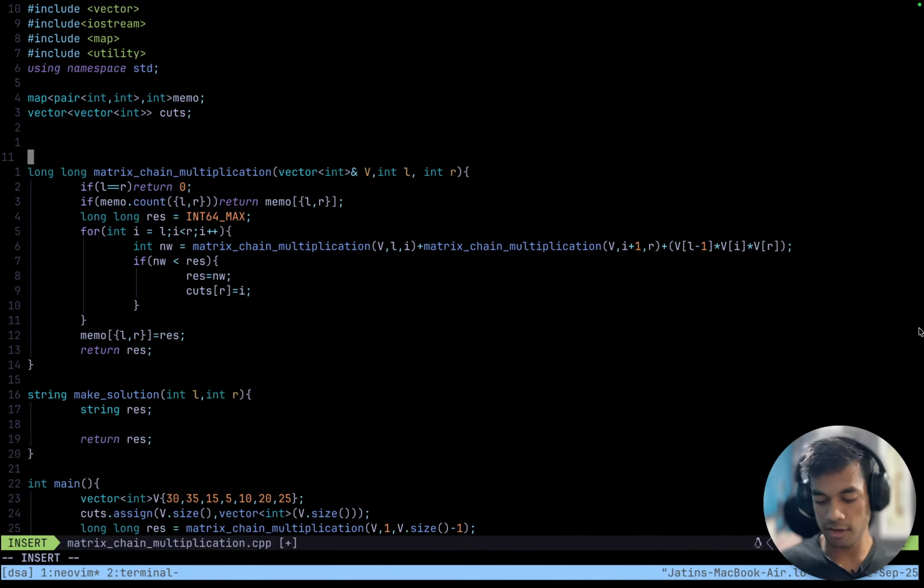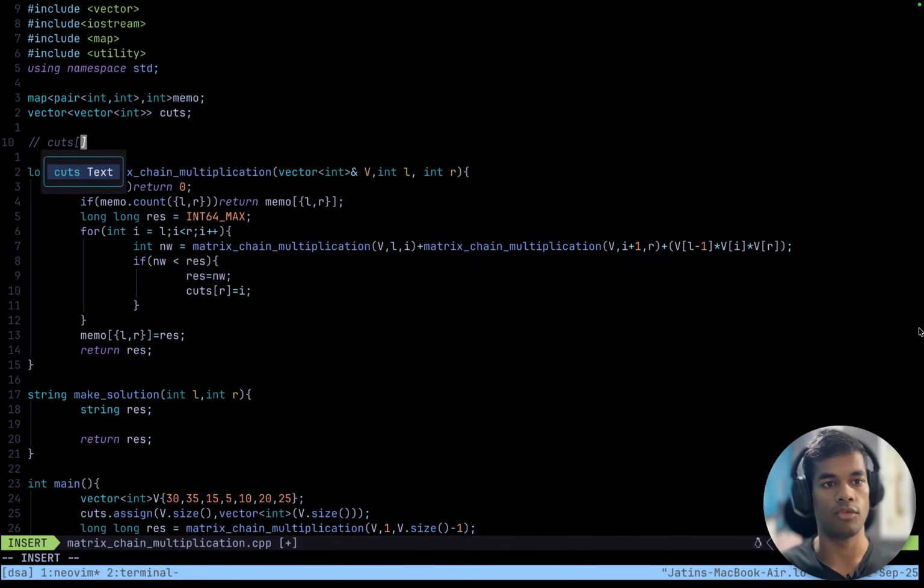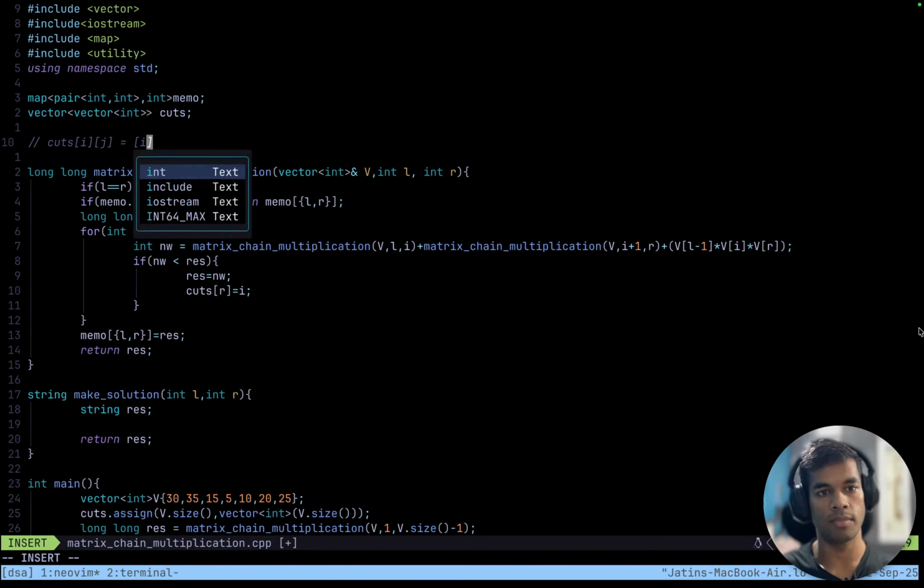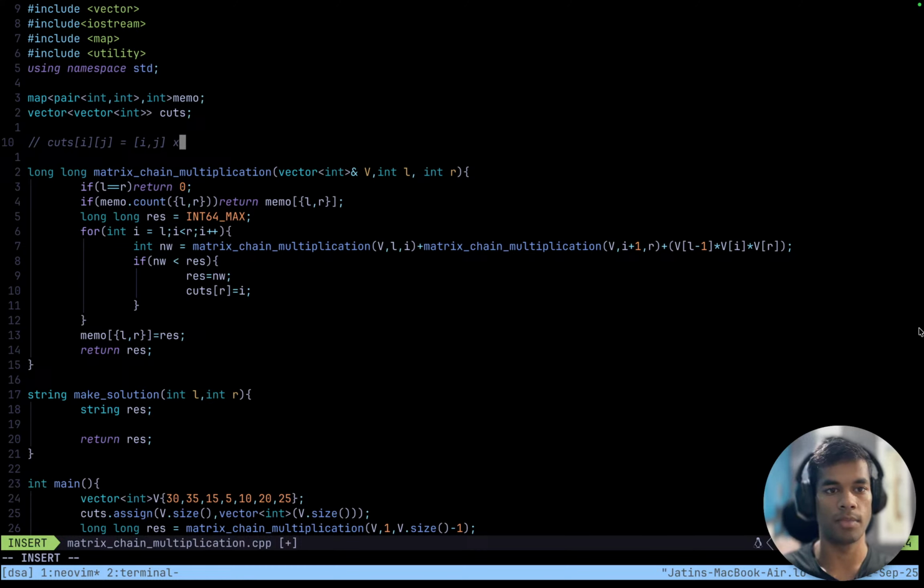Now, since cuts is two-dimensional, cuts[i][j] will say, when I have a matrix of range i to j, i and j inclusive, what is the best place to make a cut x? This will give me x.